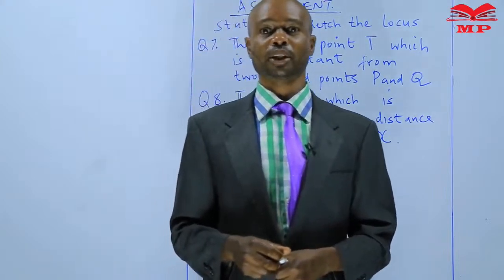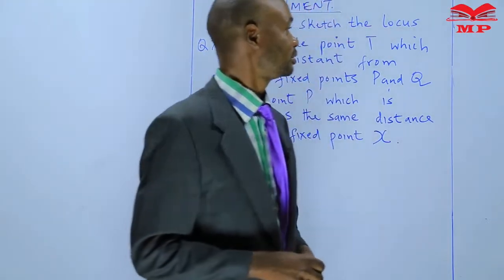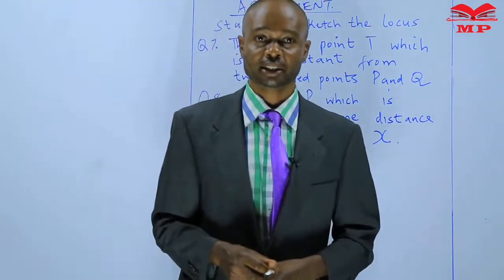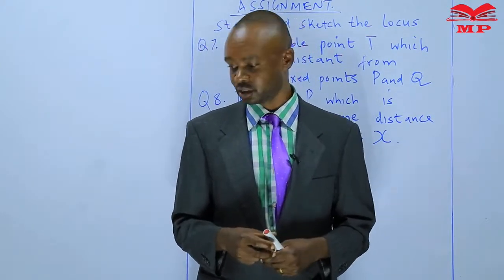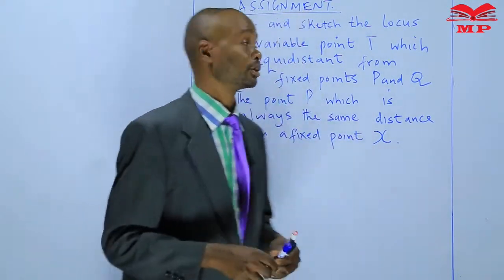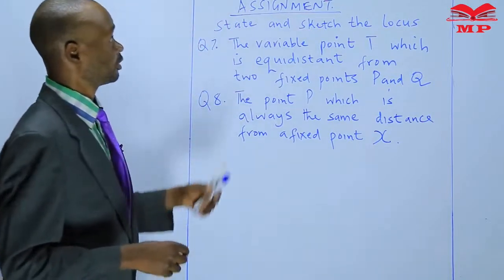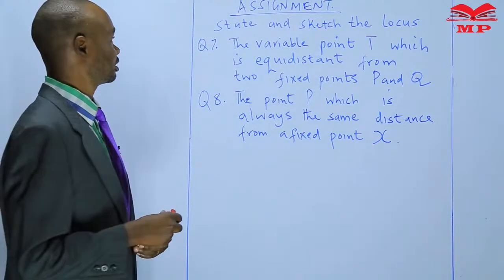We are still continuing to build up on our topic on loci. So last time we had solved some questions and given you 2 more to solve at home. So the 2 questions given are here on the board as the assignment I had given you.